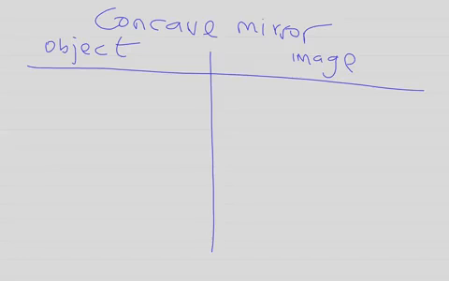If the object is at F, the image is formed at infinity. F means focal point. If the object is at C, the image is formed at C. The image formed here will be the same size as the object, and it will also be inverted.